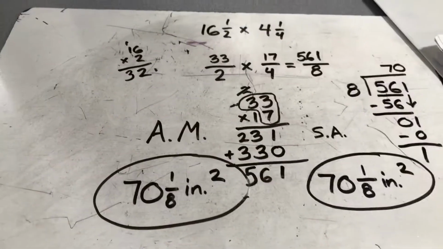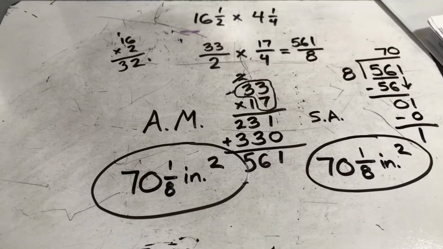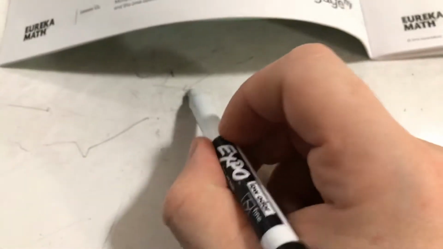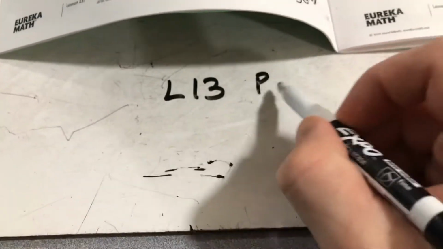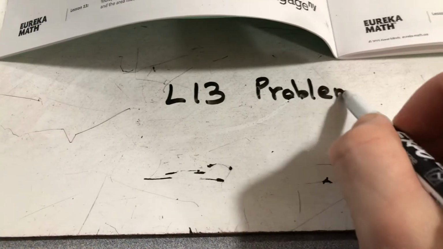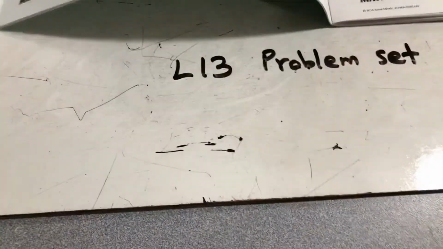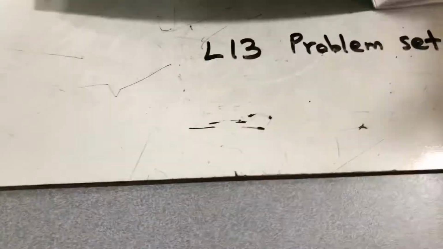Now let me quickly go over the problem set that you will have. It's lesson 13 in your workbook, and you are going to do, let's see, I'm going to write it down first on my whiteboard. Lesson 13 problem set. And today you're going to do pages, looks like there's only 2 of them.